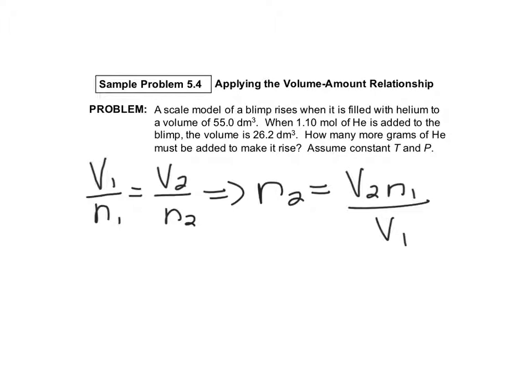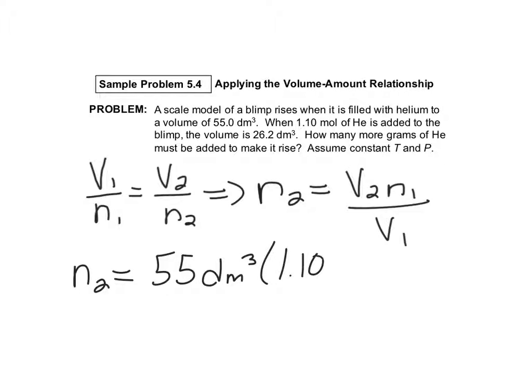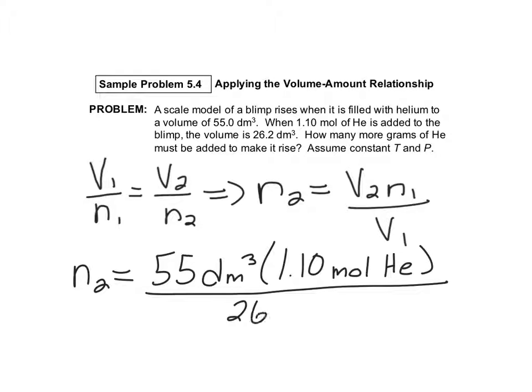But anyways, now let's start plugging things in. N2 is going to equal V2. That's the volume we're changing to, right? We're changing to 55 cubic decimeters. I'm starting out with 1.10 moles of helium, and then my first volume that I'm starting out with is 26.2 cubic decimeters.